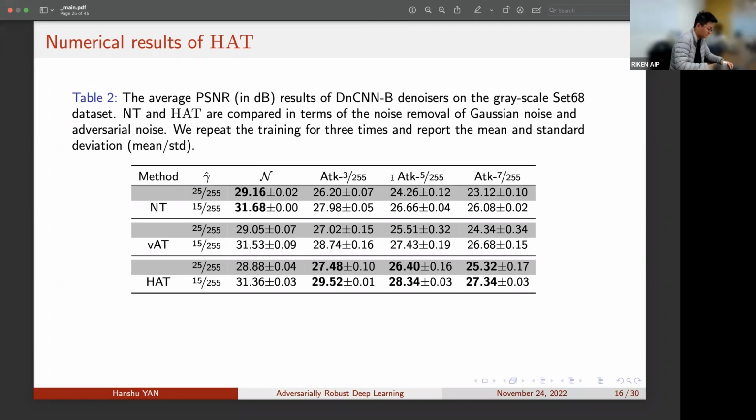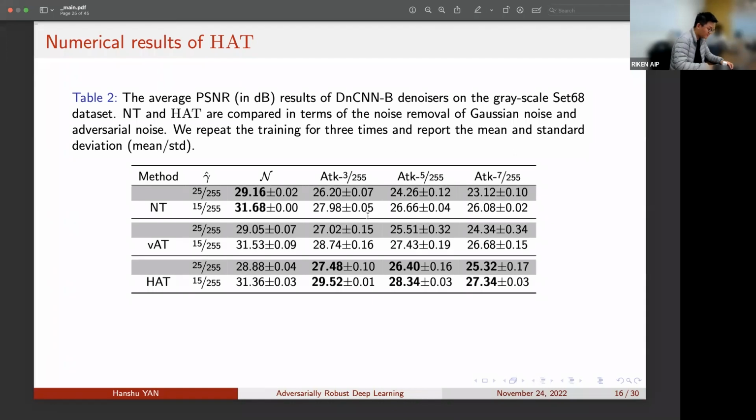But when we deal with the adversarial noise, the performance gap is very large. Say when the noise level is 25 over 255 and the attack level is 2 over 255, 3 over 255, the HAT one is 27.5, but the normally trained one is 26.